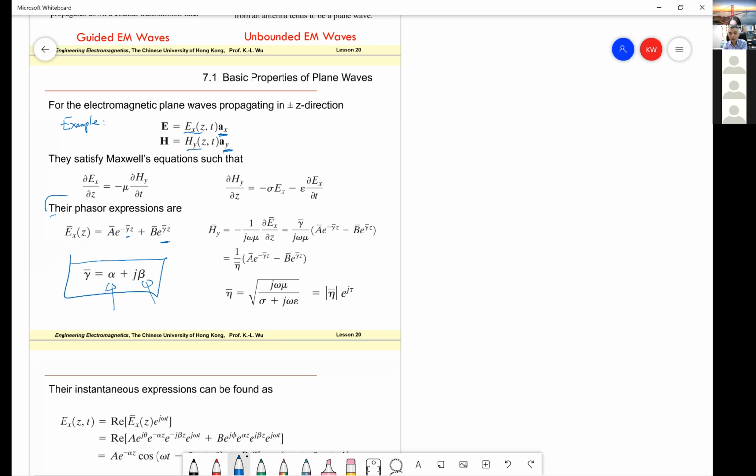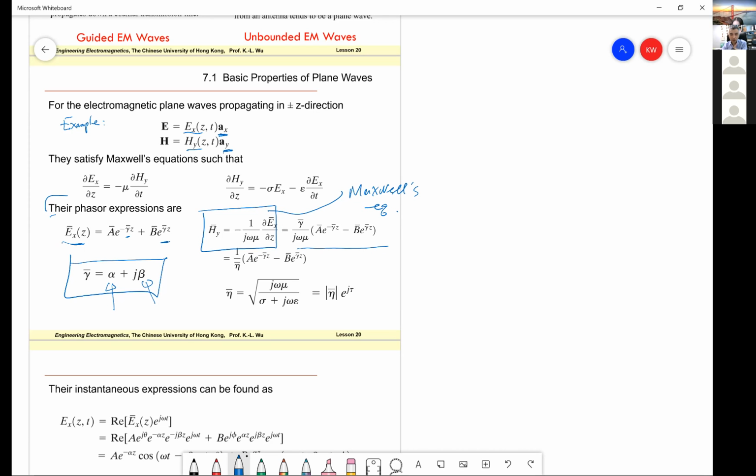And once we know the electric field, through Maxwell equations, we can find analytically what the magnetic field is.